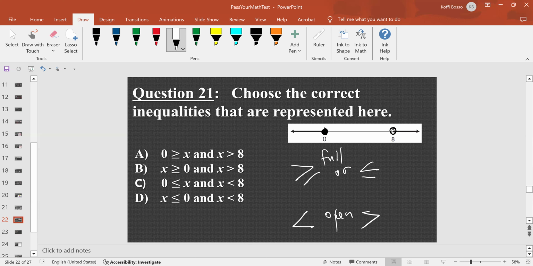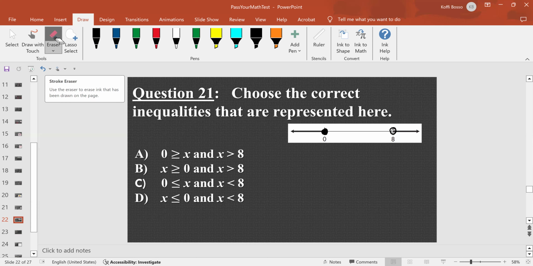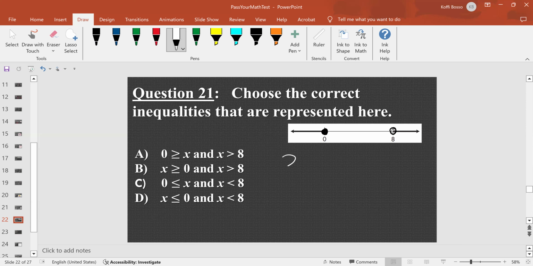Okay. Now, if you check it, A said what? 0 is greater than X. Let me show you something. What we have here, the first part is telling you that X is less than or equal to 0, which is the same as 0 is greater than or equal to X. You see, I can write the X before 0, or if I want to write the number before X, you have to flip the symbol.